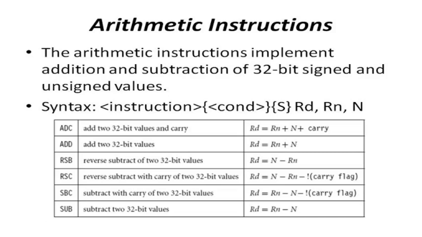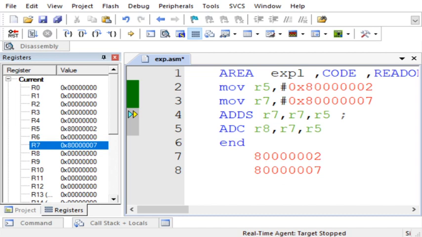Now we'll see. So addition is done. We'll see whether it has updated the carry flag. Okay, so the third step, that is ADDS. Now R7 value is 8000007, and R5 value is 8000002.